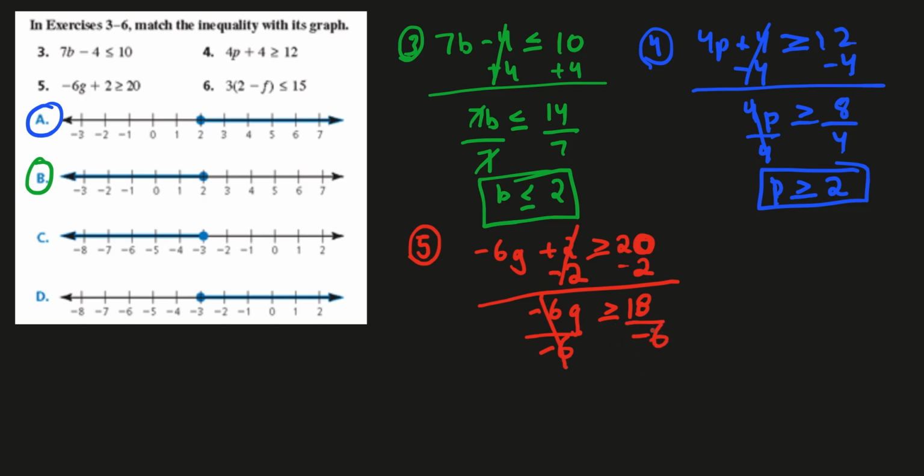What this does is we're dividing by a negative number. Whenever we divide or multiply by a negative number, we have to switch the signs. So this is going to be switched to, whoops, not greater than, less than or equal to. So this would become g is less than or equal to -3.